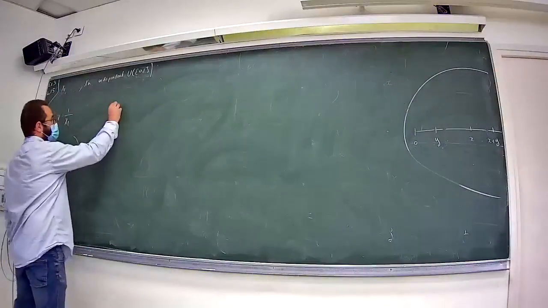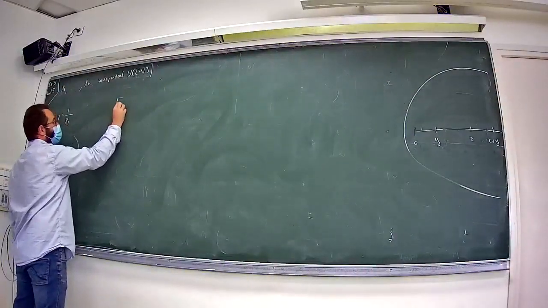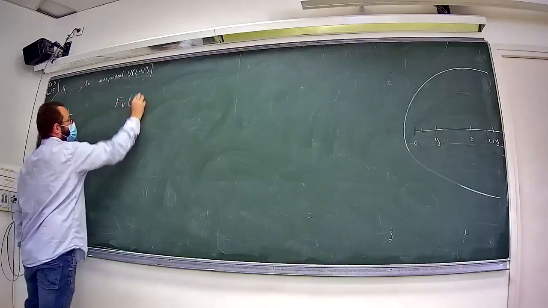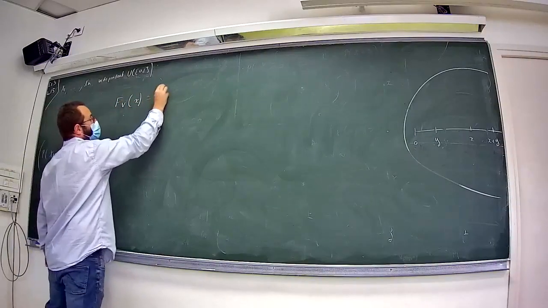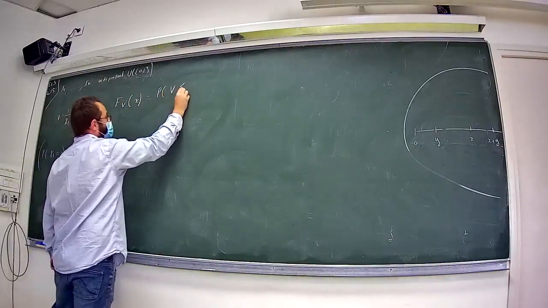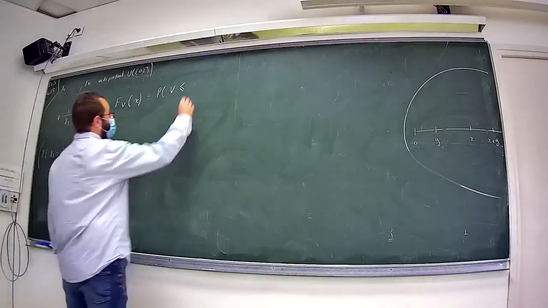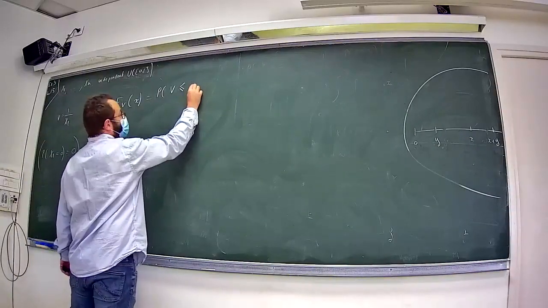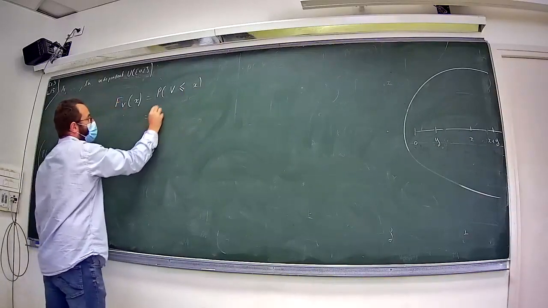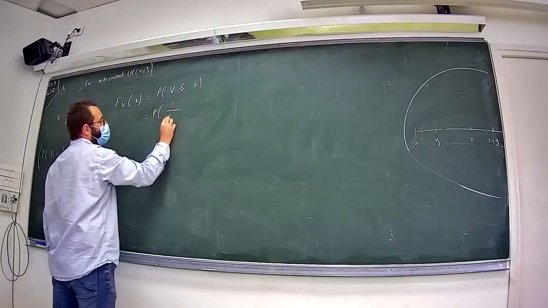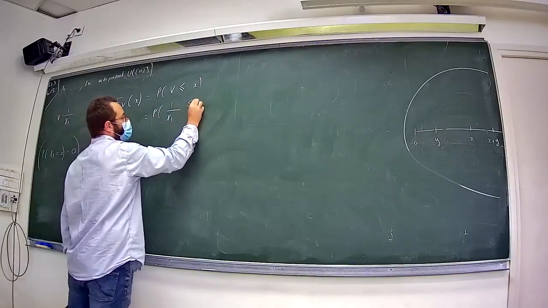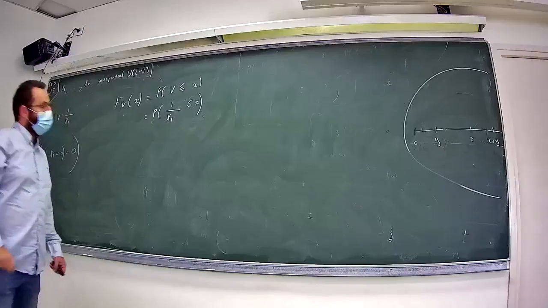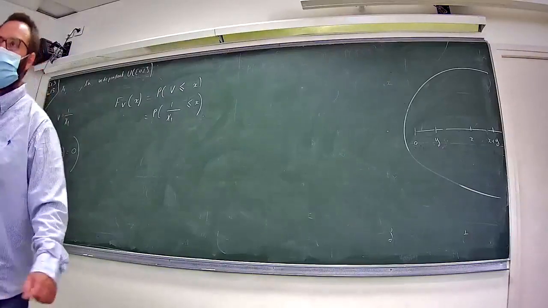So I am interested in F_V of x, that is the probability that V is less than small x, that is the probability that 1 over x1 is less than small x.